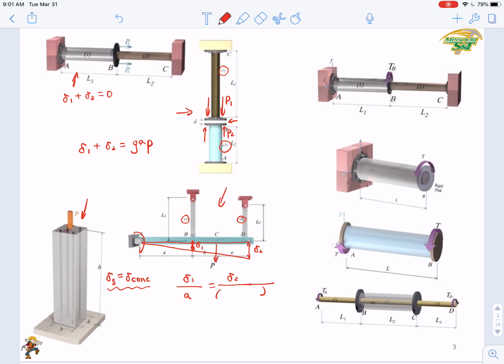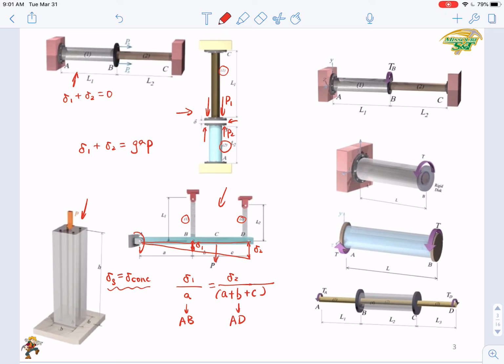We need a length here. Since delta 2 belongs to the biggest triangle, you need to write here A plus B plus C. So here this A is actually AB, and here A plus B plus C is actually AD. So those are the possibilities of compatibility equations that we can write in indeterminate axially loaded elements.